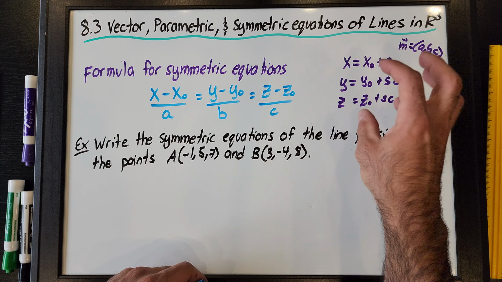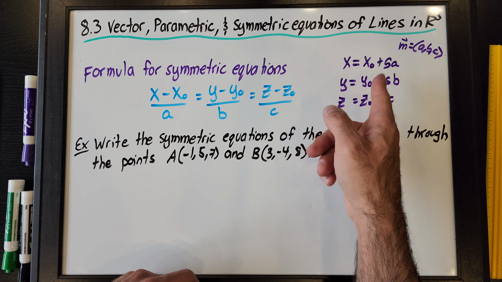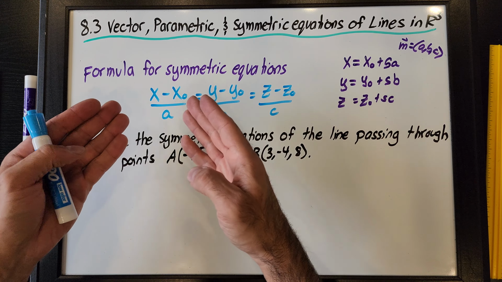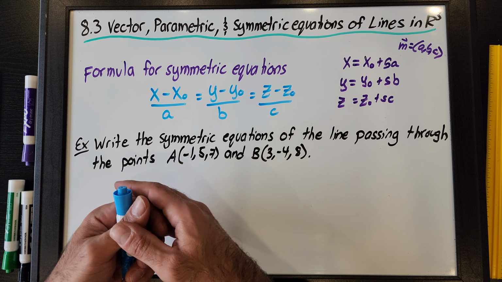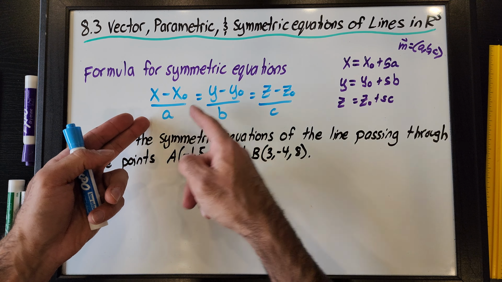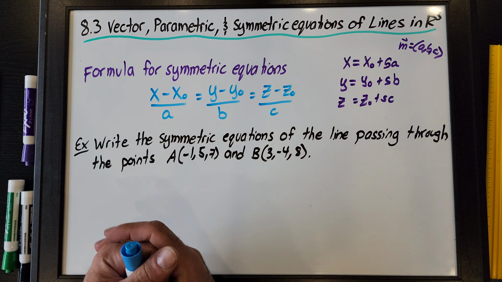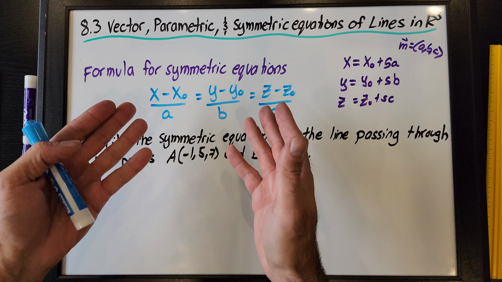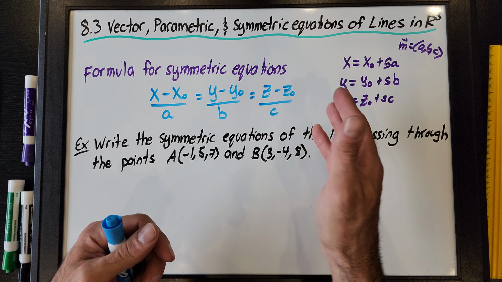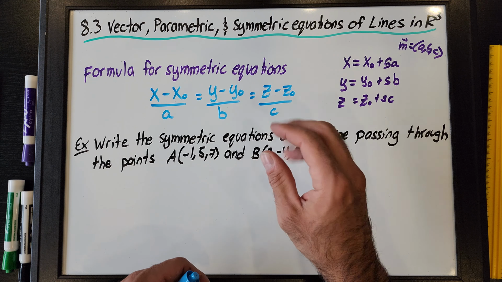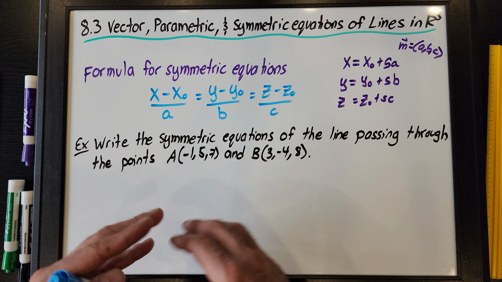We know how to come up with the parametric equations, and we just solve for that parameter S, and we get x minus x naught over A, where A is the x value of the directional vector. Okay, and we can skip to the symmetric equation from the directional vector and point, which is the vector equation. So let's see how that looks over here.